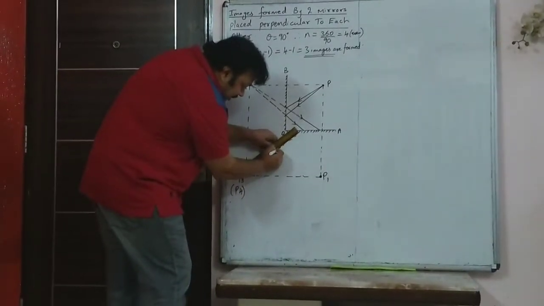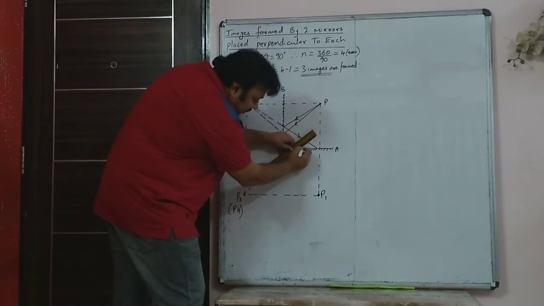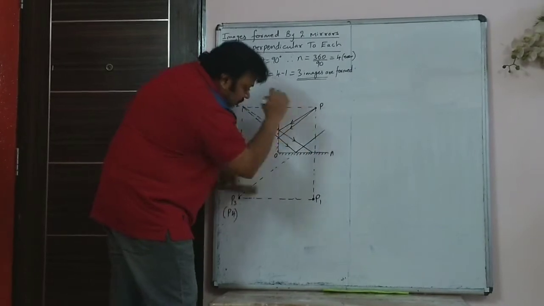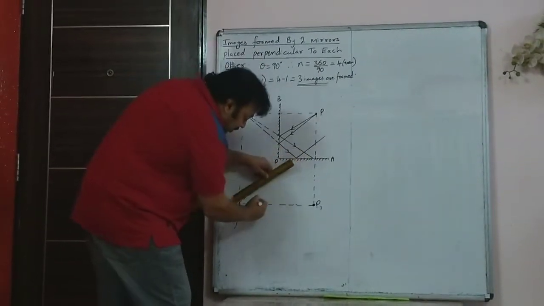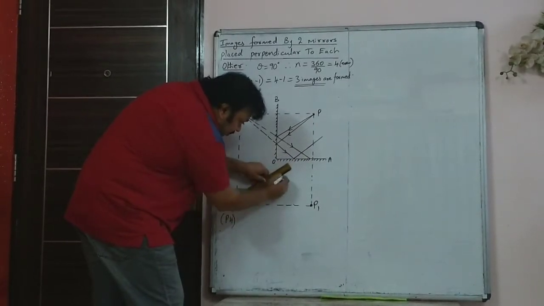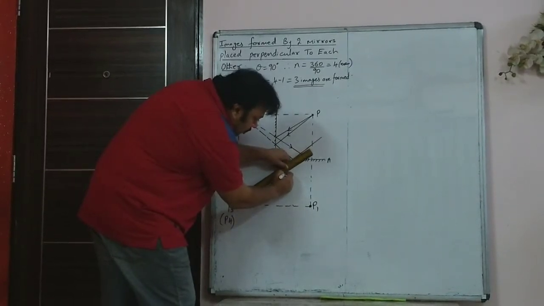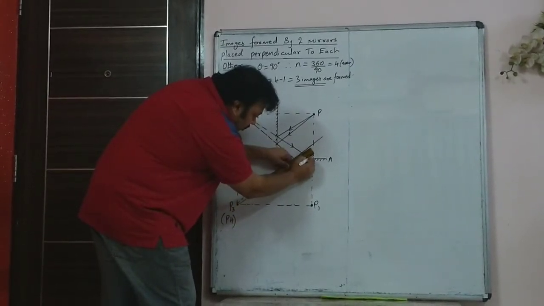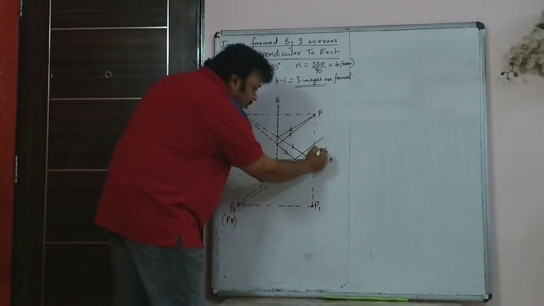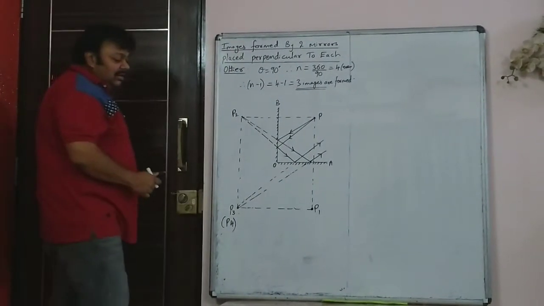So those reflected rays should appear to come from P3 and they get reflected along a straight line. This way it goes to the viewer. So same way from here also, this reflected ray should also appear to come from P3. So that way you have to draw the reflected rays, and this is the completed image.